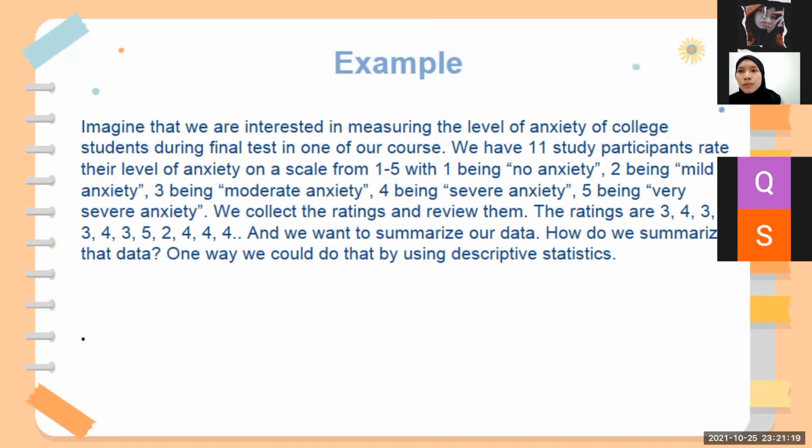We have 11 student participants and rate their level of anxiety on a scale from 1 to 5, with 1 being none, 2 being mild, 3 being moderate, 4 being severe, and 5 being very severe. The ratings are 3, 4, 3, 3, 4, 3, 5, 2, 4, 4, 4. And we want to summarize our data. How do we summarize that data? One way we could do it is by using descriptive statistics.